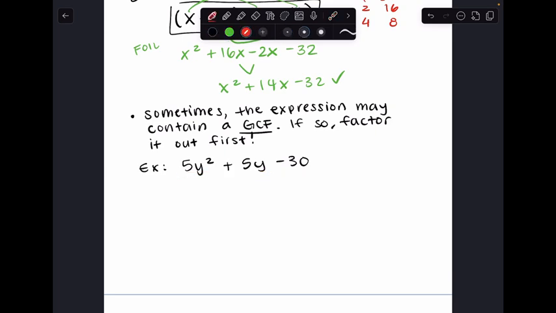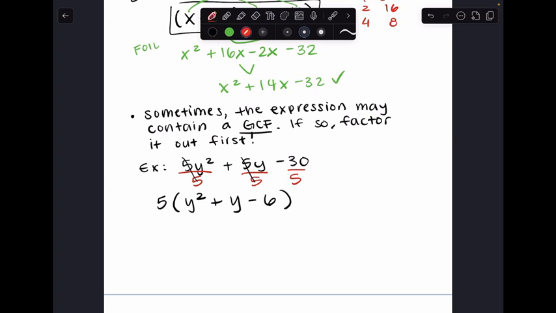So if I were to take out a greatest common factor of 5 from every single term, your 5 stays on the outside, and then you're going to go ahead and just simplify. 5y squared divided by 5 is just y squared, right? 5y divided by 5, that cancels out, so you have y. And then negative 30 divided by 5 gives you a negative 6.